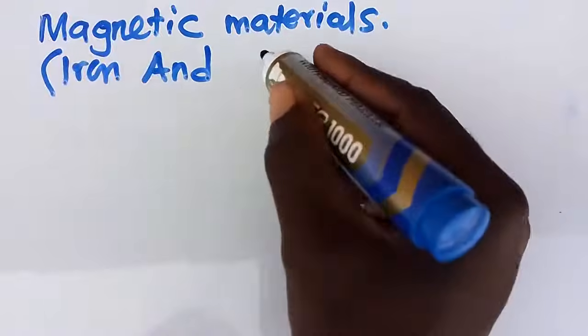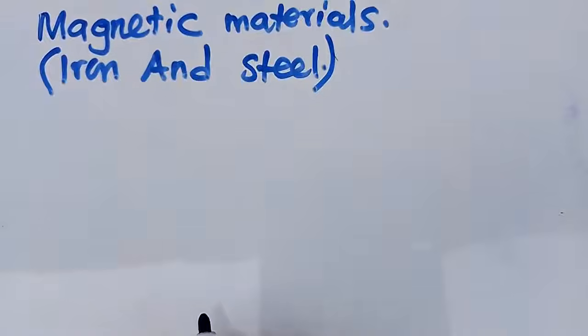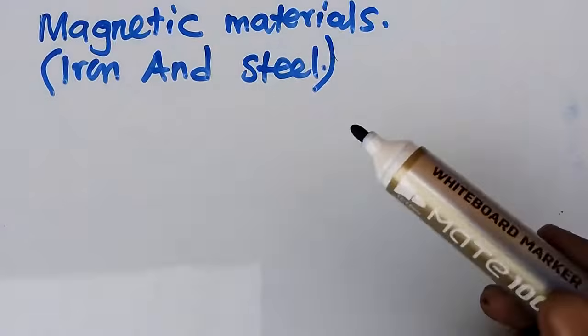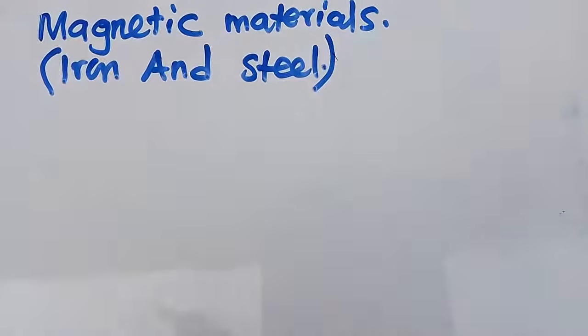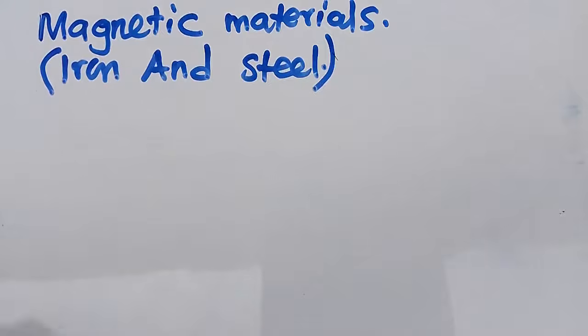What are some of the differences between these two? We must give them in terms of their properties as magnets. We are not supposed to give differences like this one is this color, this one is strong. No, their differences should be in their magnetic materials.